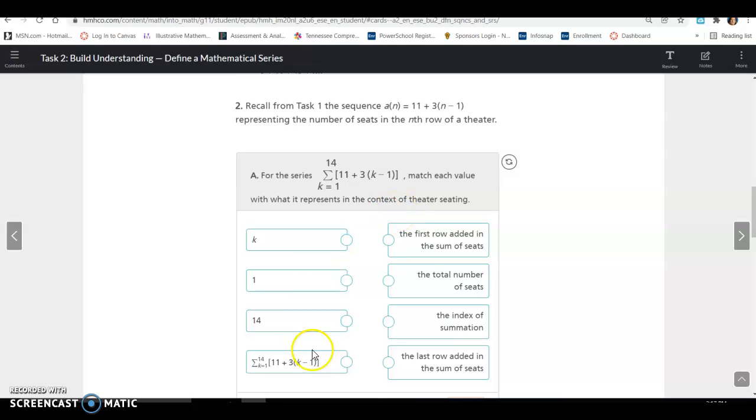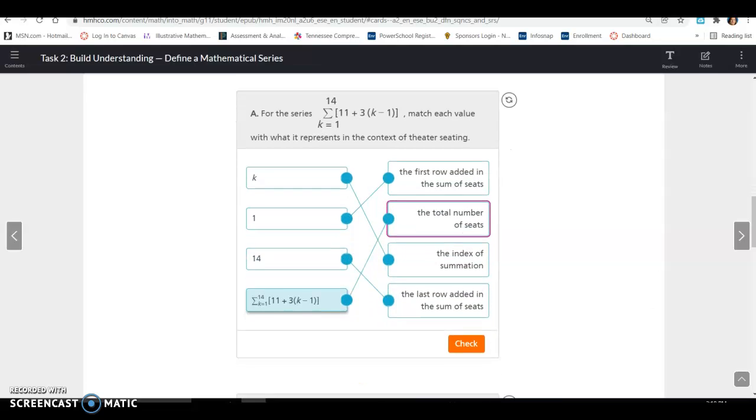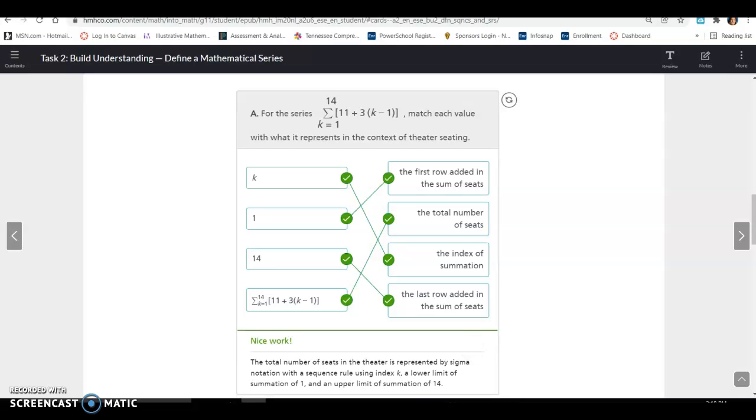We've got k, 1, 14, and then the equation. The first row added in the sum of seats would be the 1. The last row would be 14. The index is just the letter that we're using in the summation, and the total number of seats should come from the equation.